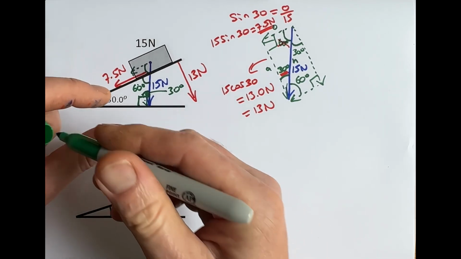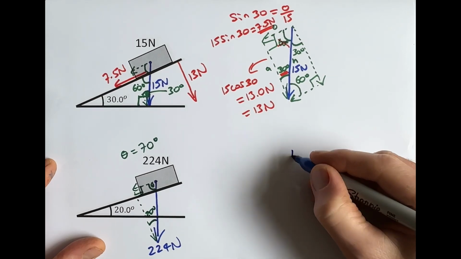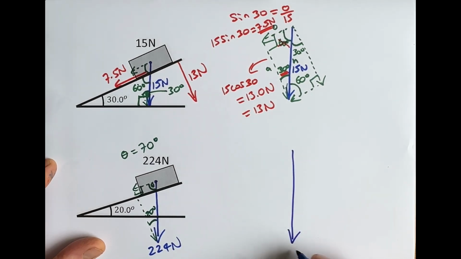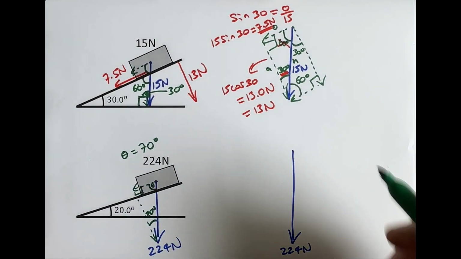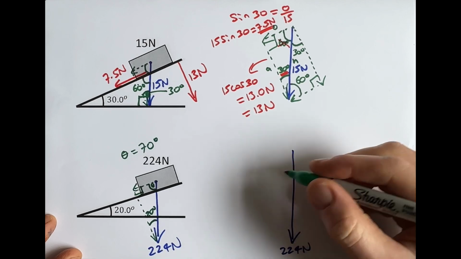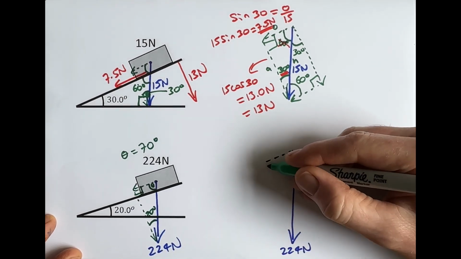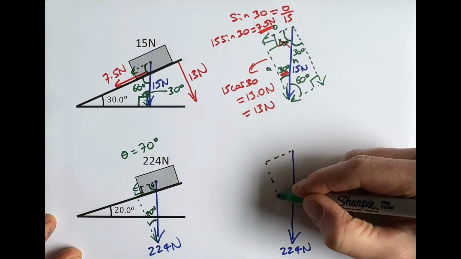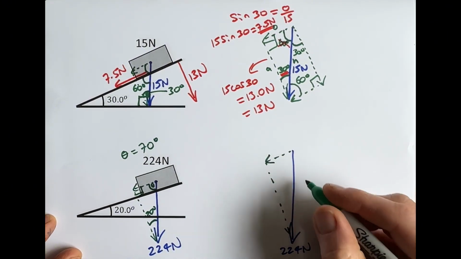Right, so we're going to work out the component down the slope and the component perpendicular to the slope. So if we redraw it over here to perhaps make it clearer, that's our 224 newtons. Okay, and then we can split this into a component down the slope and a component that is perpendicular to the slope.